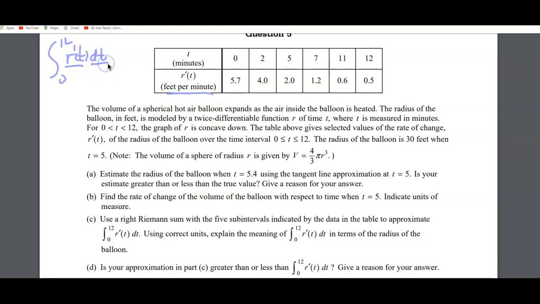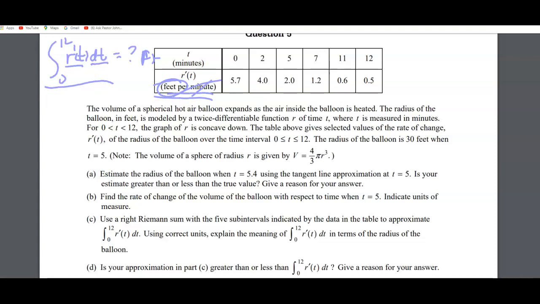But since I'm integrating it with respect to time, we lose the minutes, and the answer that we get is actually just feet. So when you integrate a rate, you lose one of the time factors in the denominator, and you end up with whatever's left. In this case, it's just feet. So whatever the answer is, it's feet.